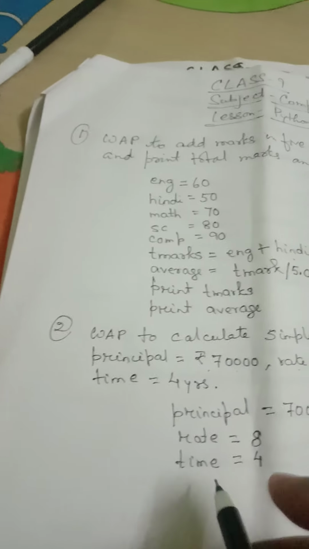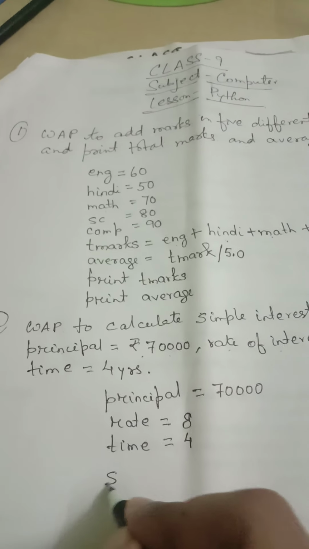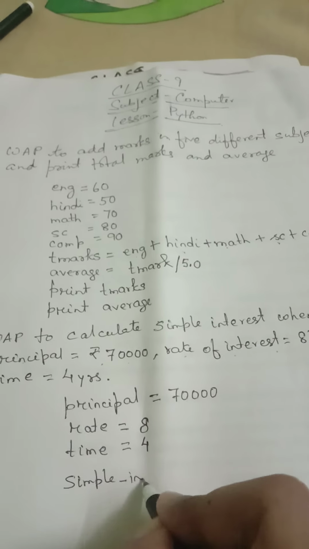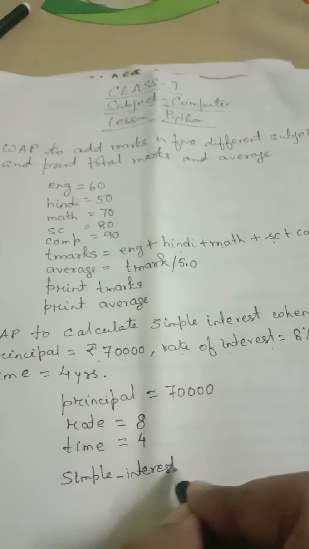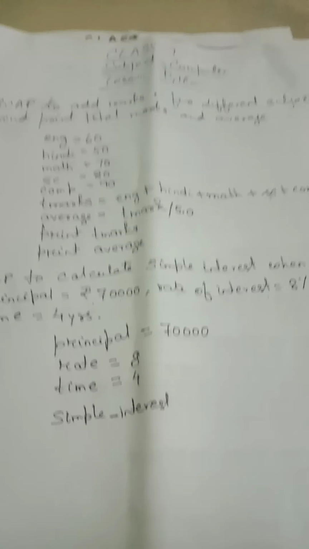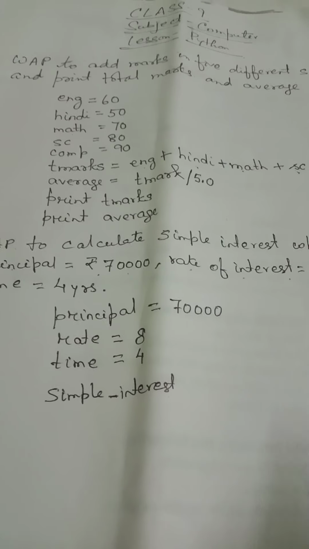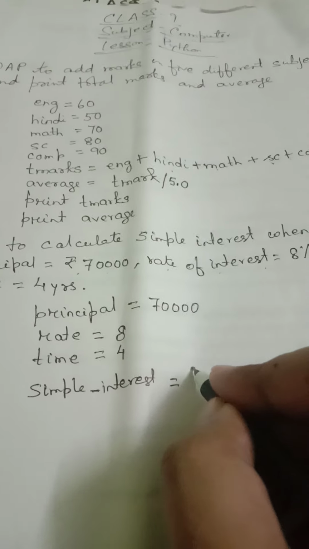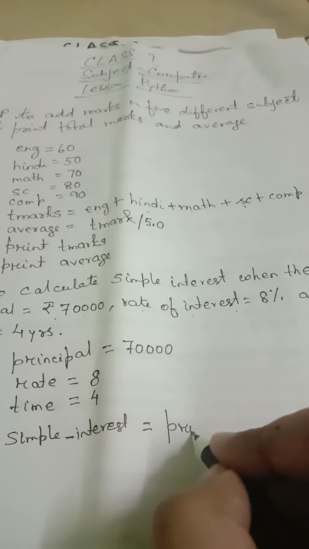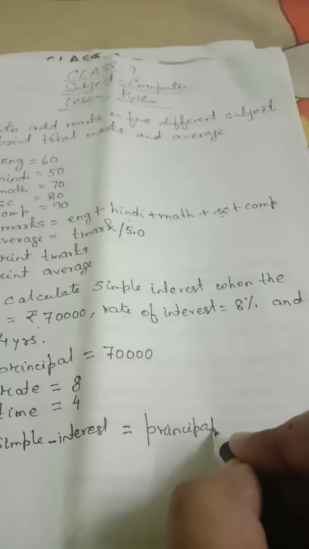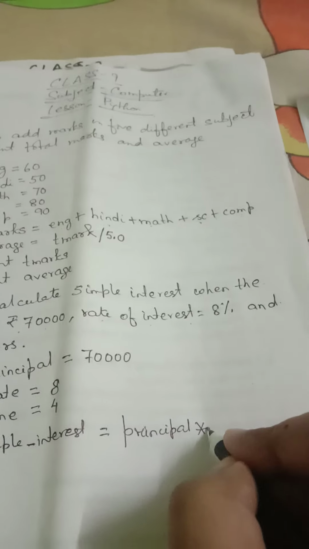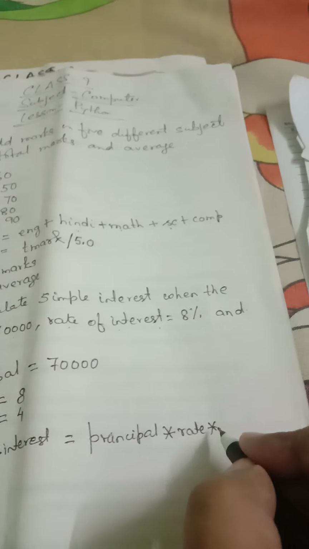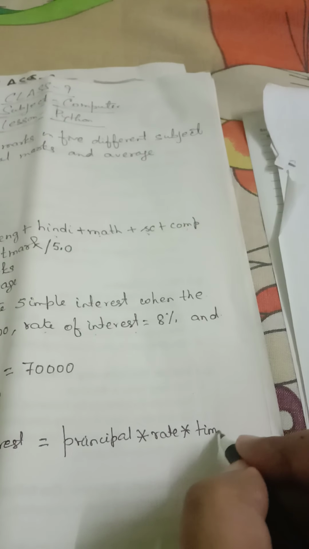Now I have taken another variable, say simple underscore interest. Remember, this is the underscore sign. Then I have used principal multiplied by rate multiplied by time.